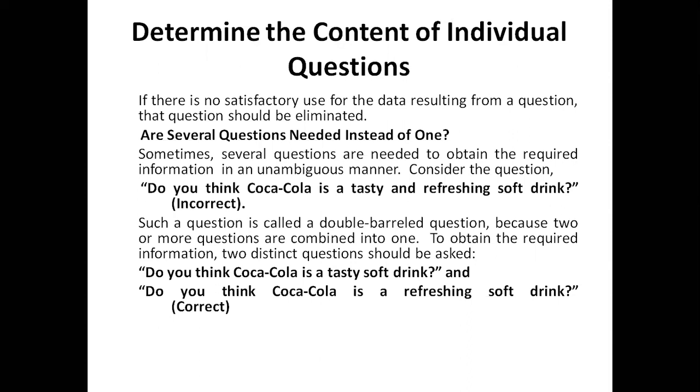And then come your questions. Now you have to determine the content of individual questions for this part. First part was the introduction of the researcher. Second part was the respondent's profile, and the third part is the questions. So in this part you have to determine the content of individual questions.